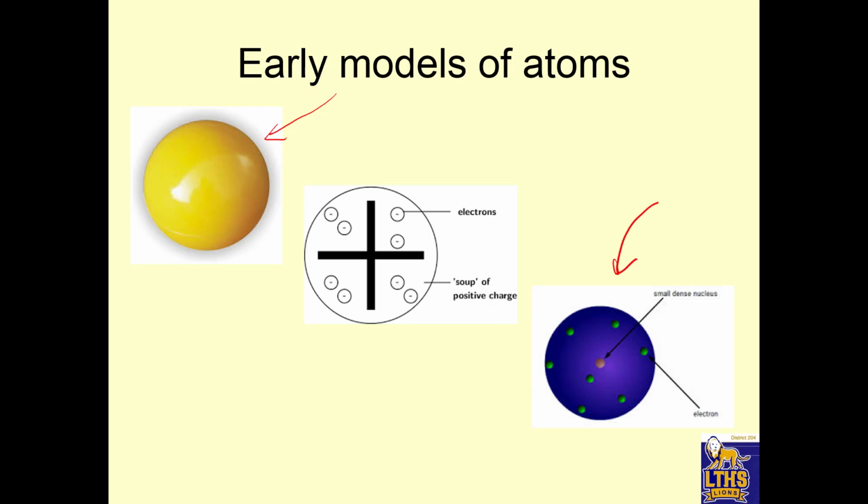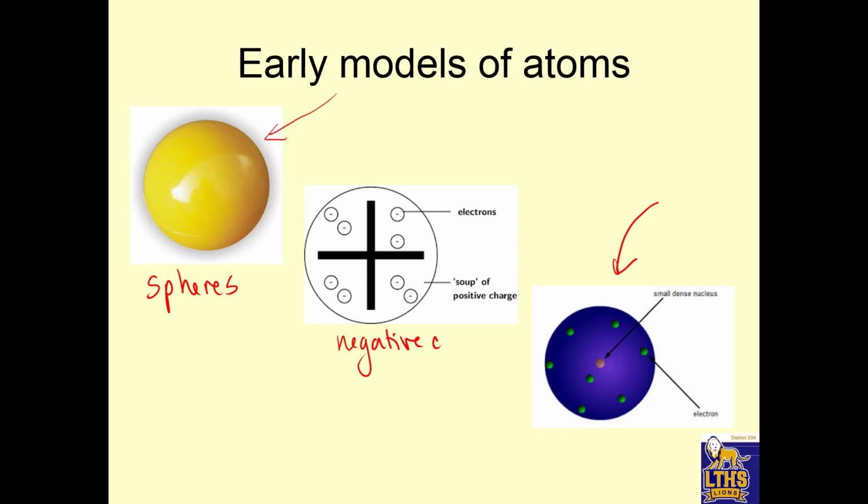This model of the atom was proposed after an experiment called the gold foil experiment, and a small, dense, positively charged nucleus was also proposed. So these are the models, early models of the atom. This one is that atoms are made up of spheres. This one is that atoms have negative charge in them.